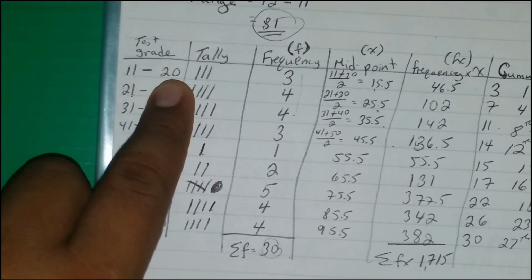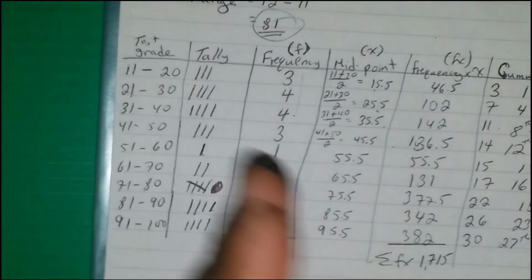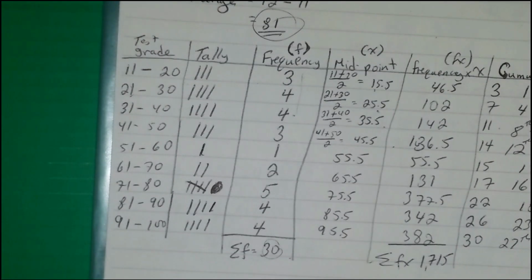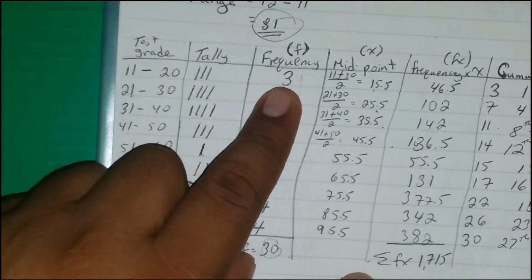It says that 3 students got a grade within that interval, meaning that it could be an 11, a 12, a 13, a 14, 15, 16, 17, 18, 19, or a 20. It could be any one of those, and it's 3 of them, right?